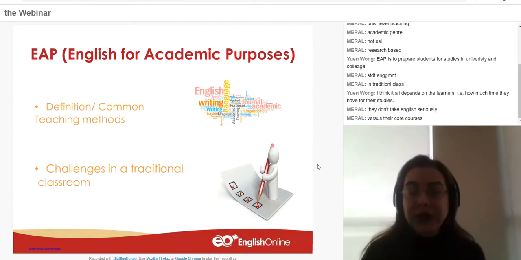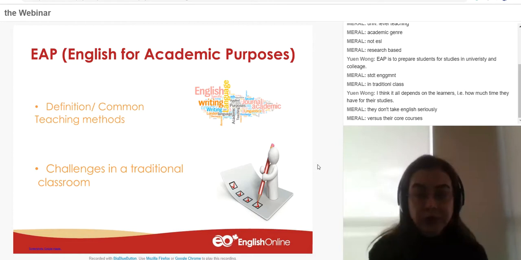And by traditional here, I mean not the flipped model, right? So what you're saying is all very true. Student engagement, how much time they have to dedicate to their studies, if they're taking what they're studying seriously or not.